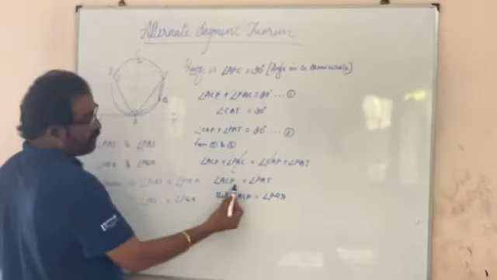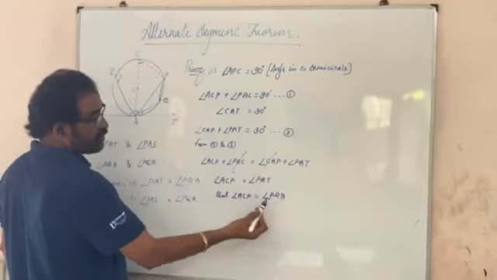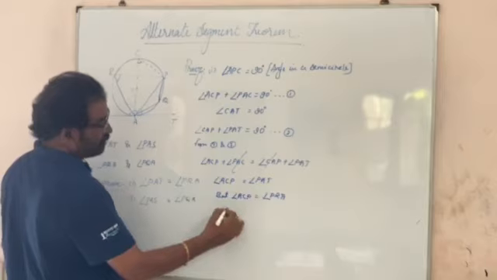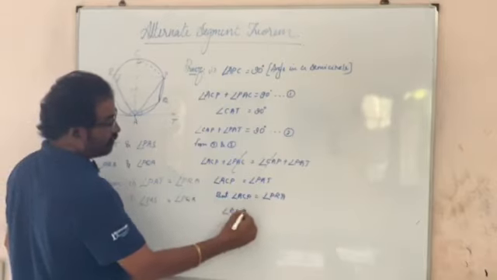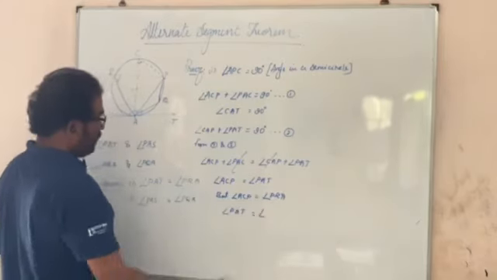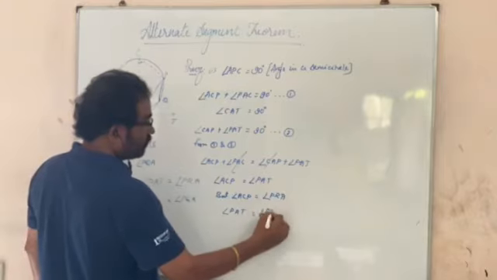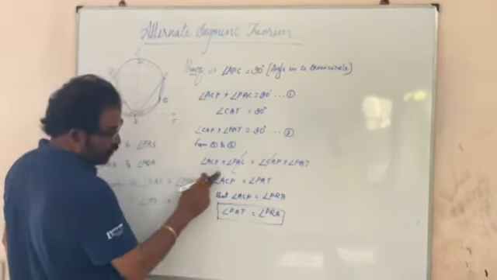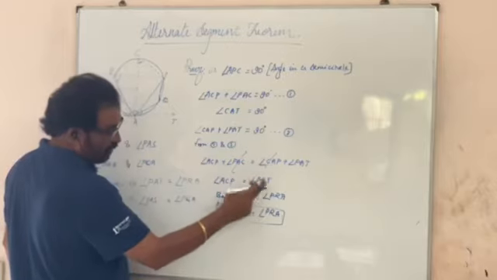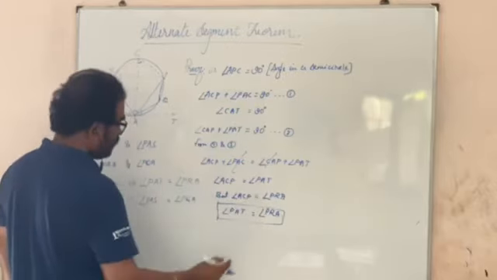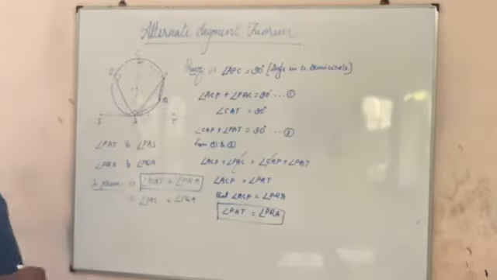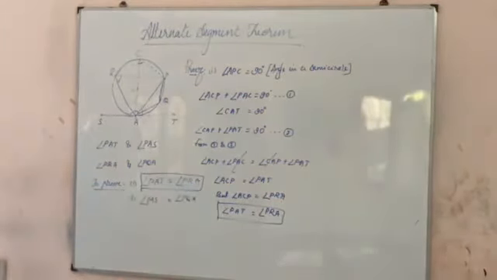But here we got ACP is PAT, and here ACP is PRA. So from these two we can write angle PAT is equal to angle PRA. We got this first part.